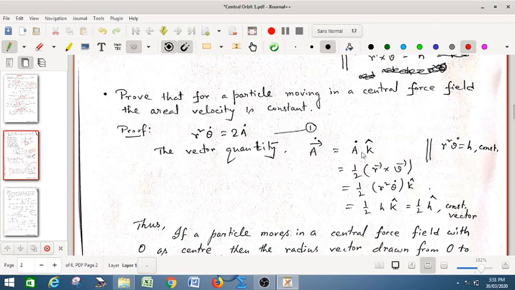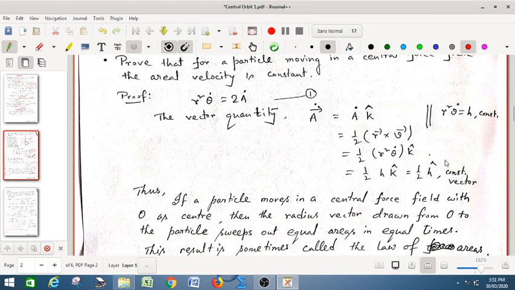Also, we have from the previous result A dot equals half r cross v. So we write half r square, because r square theta dot is equal to h. We know that from the proof of the differential equation of the polar form, r square theta dot k cap. So half r square theta dot, we can write as half h k cap. So this is nothing but your h vector, a constant vector.